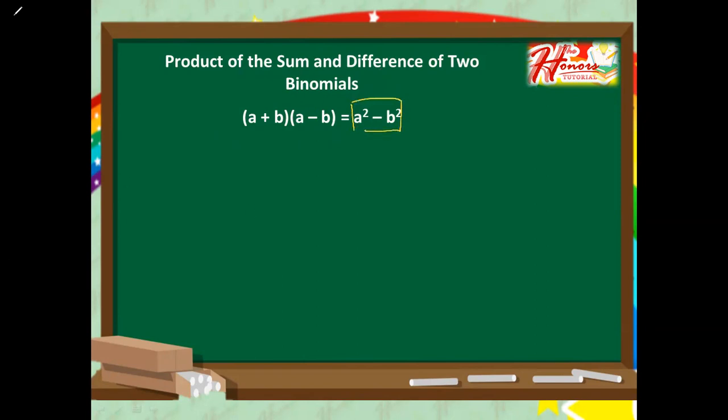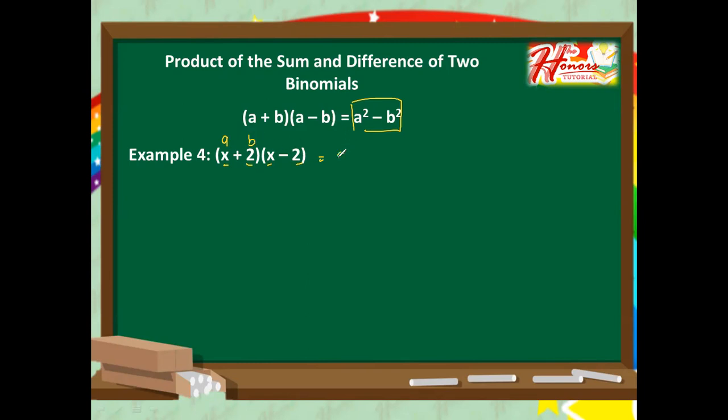Let me just show you our example. We have the quantity of x plus 2 times the quantity of x minus 2. So this is how you are going to solve for it. Since they have the same terms, x and 2, just write a and b. The first term is always a, the second term is always b.